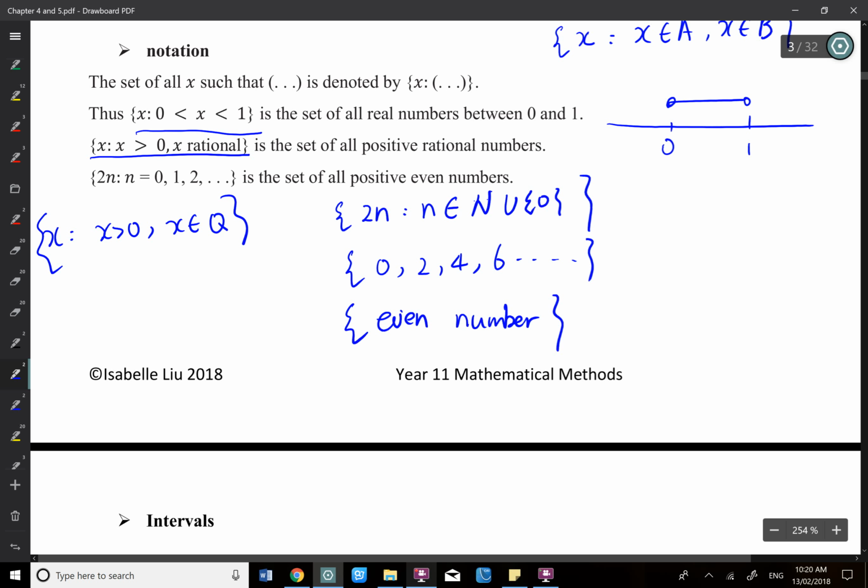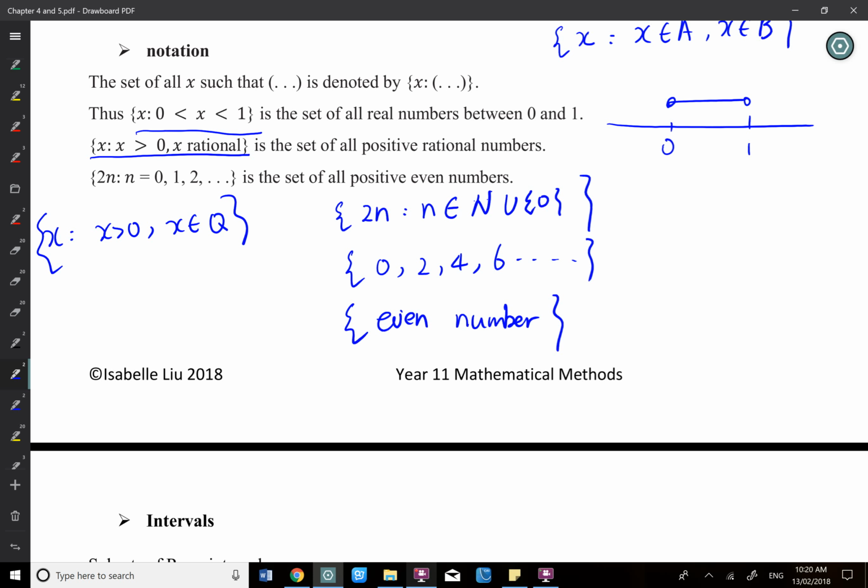They're all equivalent, I can write them all in the same way. Because n is 0, 1, 2, 3, 4, 5, the numbers you have are 0, 2, 4, 6, 8, and so on. You can see that's the even number set. 0 is an even number.